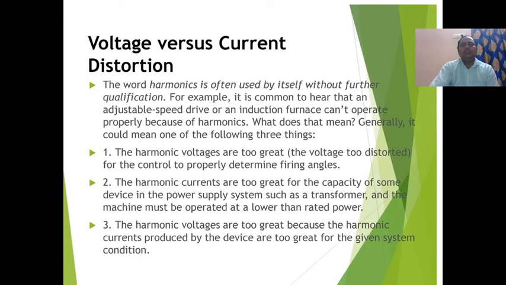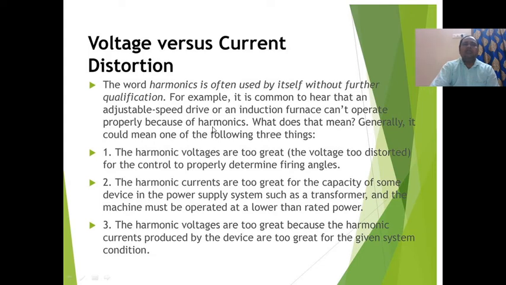So what are voltage versus current harmonics? The word harmonic is often used by itself without further qualification. For example, it is common to hear that an adjustable speed drive or an induction furnace cannot operate properly because of harmonics.